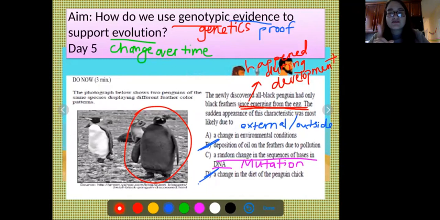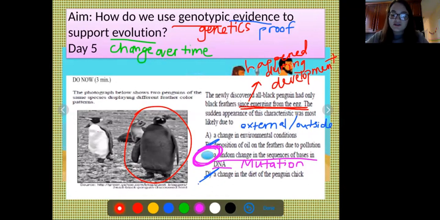Only one of these is talking about something that happened during development, or before the penguin was born, and that is he has a mutation. So he had some sort of change in his DNA that switched his feather color from the typical white, like this penguin over here, to having all black feathers. So he has a mutation in his DNA.